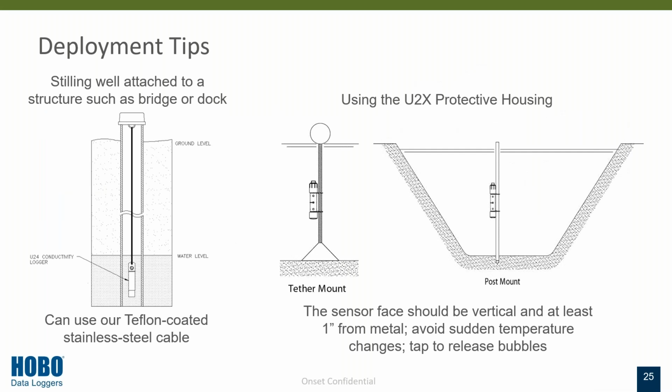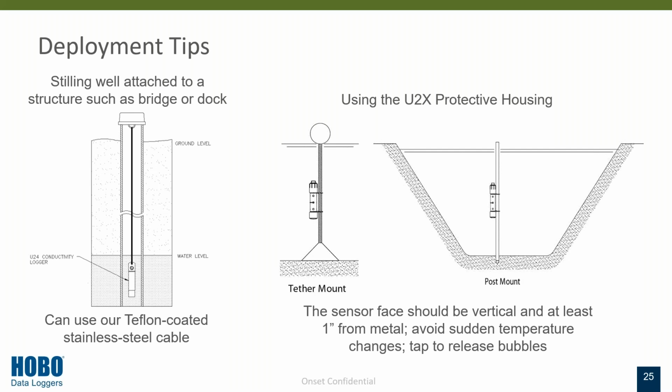If you are mounting a water level logger in something like a stilling well that would be attached to a structure like a bridge or a dock, you would want to mount it from the top of the stilling well using a well cap. And then you see here we have a direct read cable, which leads to the pressure transducer in the water.